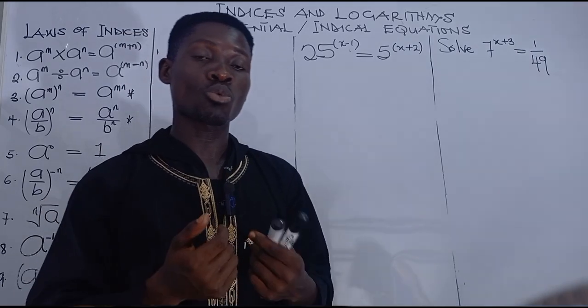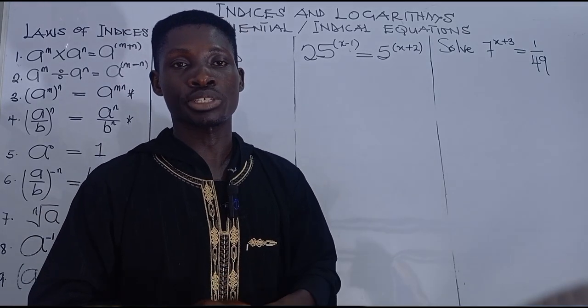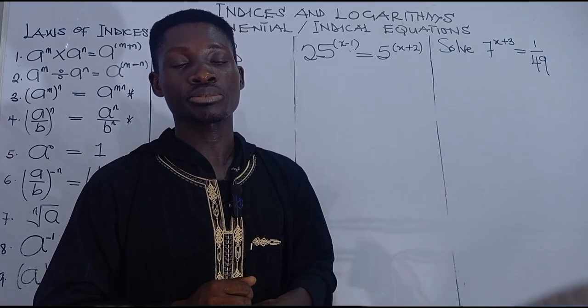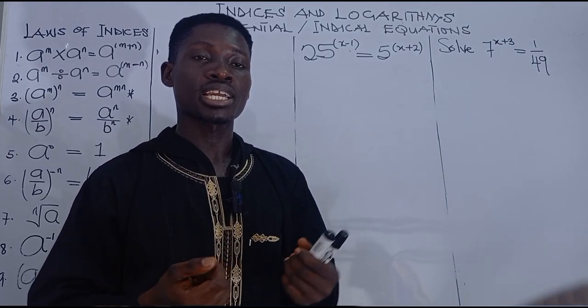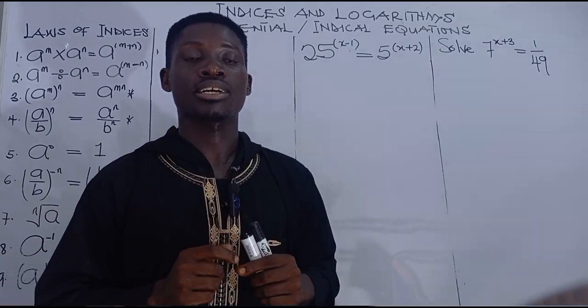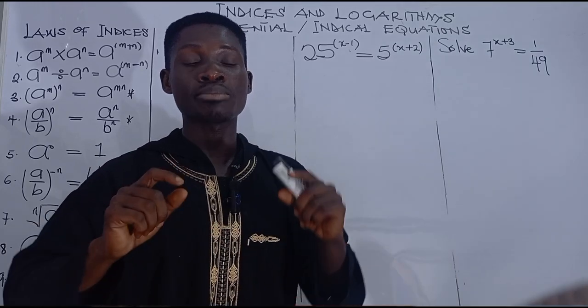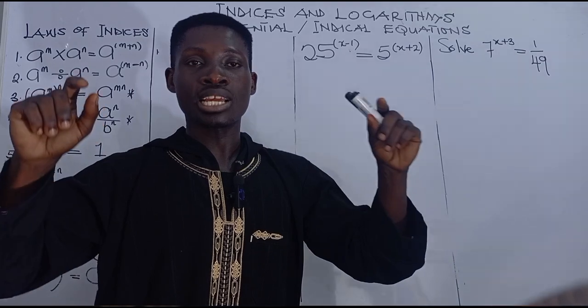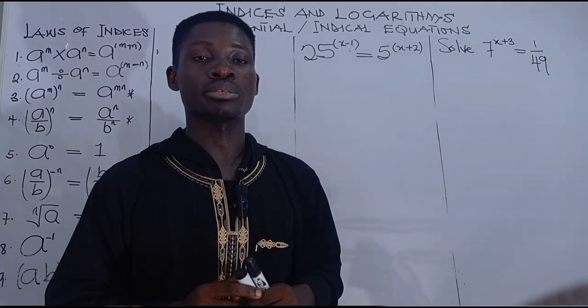How do we solve questions on exponential equation? To solve questions on exponential equation, what we have to do is to express each number on either side of the equal sign as an exponent of the same base. And once the bases are equal, we pick their exponents and then we equate them.